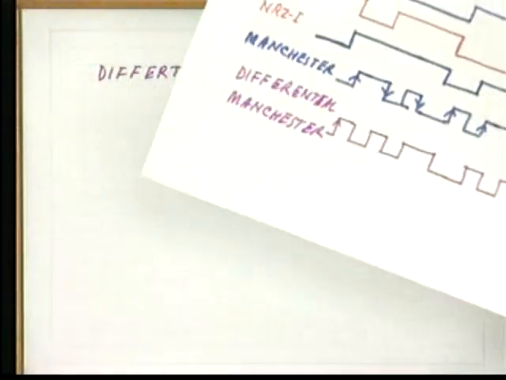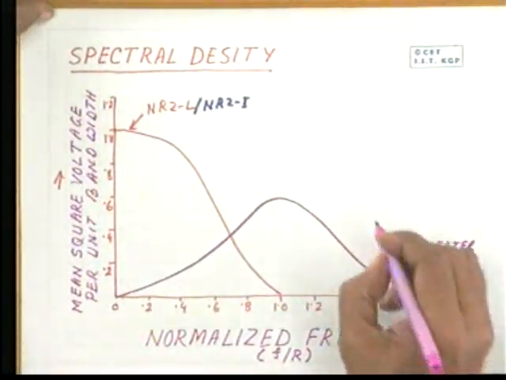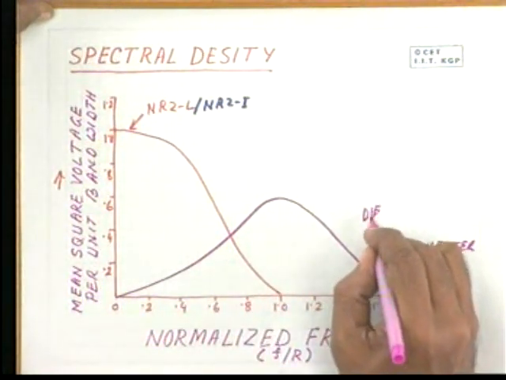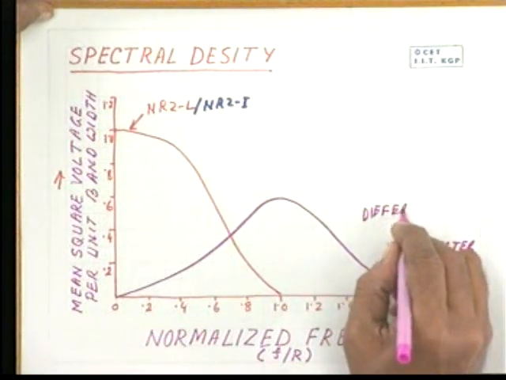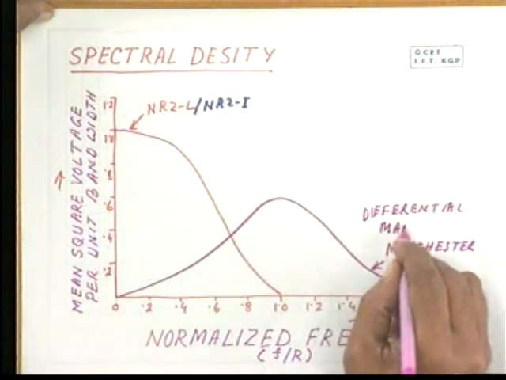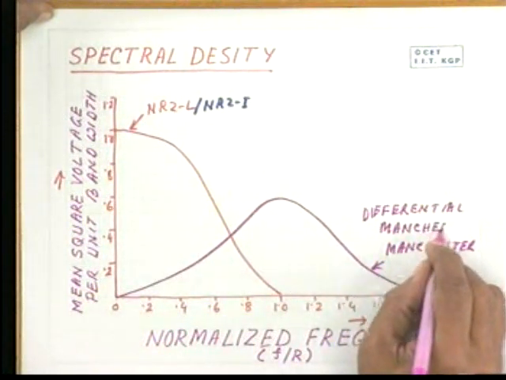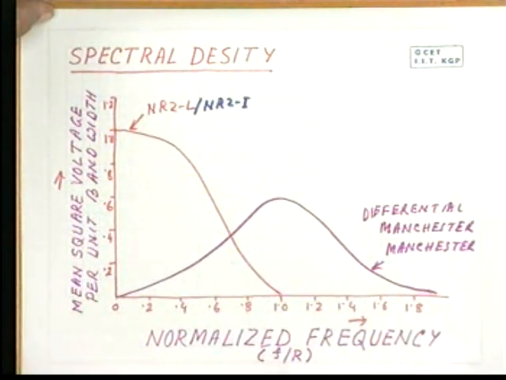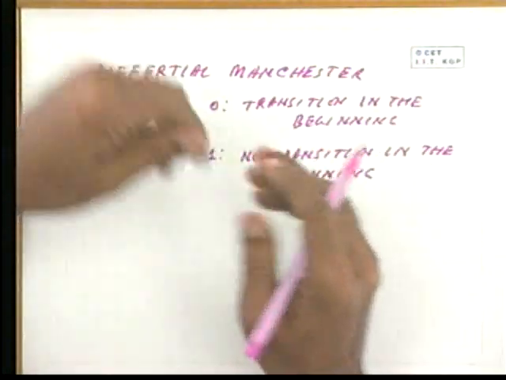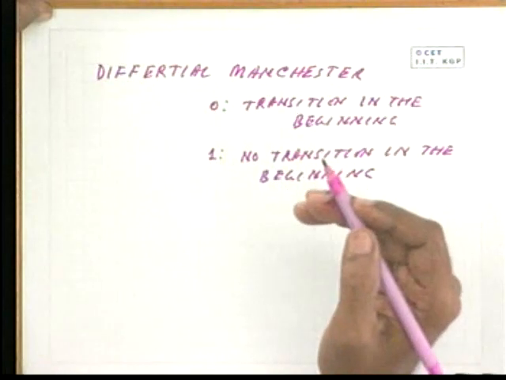For this differential Manchester encoding, so far as the spectrum is concerned, the signal spectrum is the same as Manchester. It does not change. Now, one very important point that you should notice here, in both the cases, the bandwidth is more.